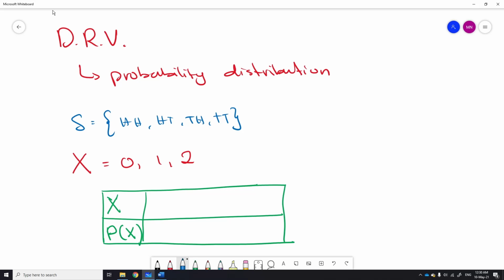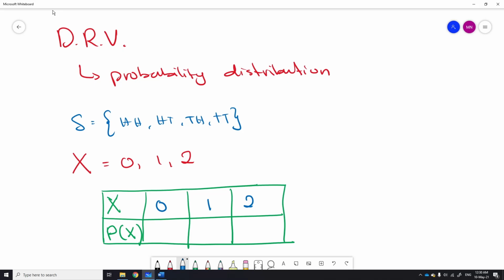Our x values are 0, 1, and 2. P(0) is the probability for 0 heads to appear.